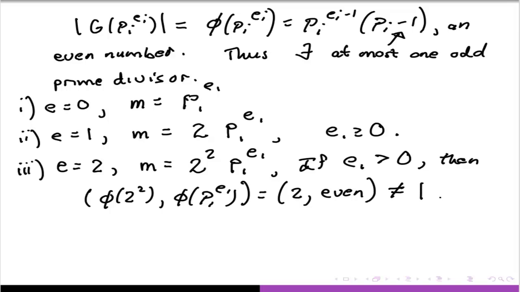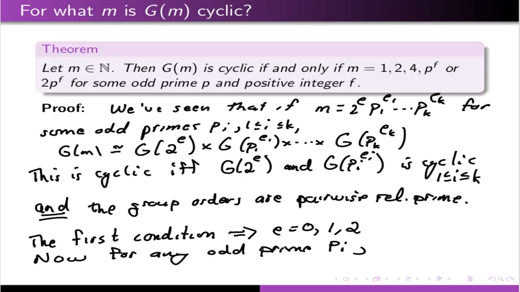And so we would violate the pairwise relatively prime condition. So the only time we can be in case 3 is when e1 itself is 0. So for case 3, if E equals 2, then M must just equal 2 squared. And thus we have identified all of the cases of the theorem. So look again at the theorem. It's cyclic if and only if M is 1, 2, 4, an odd prime power or 2 times an odd prime power.